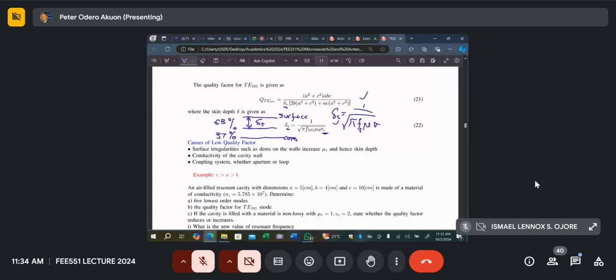Or I could ask this way. Do you think this is the same as the dominant mode in a waveguide, TE M N 10, and TE100 in the cavity? Do you think they are similar?